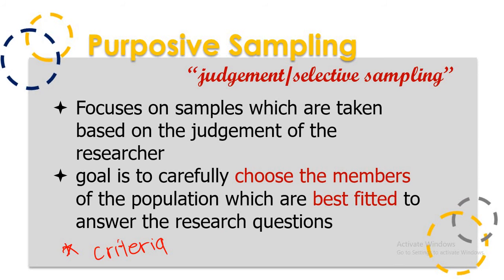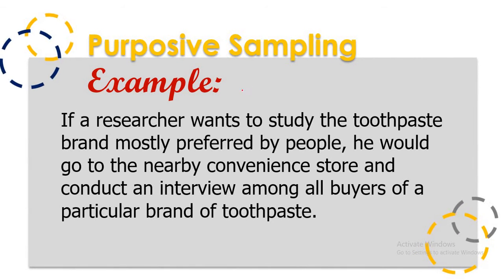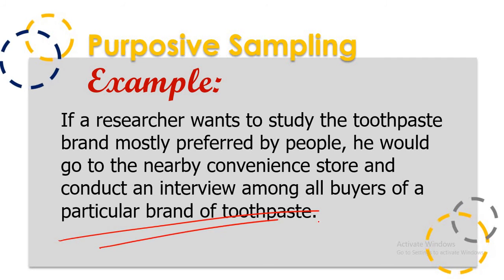Hence, purposive sampling, because you have a purpose in selecting a particular sample. For example, if a researcher wants to study the toothpaste brand mostly preferred by people, he would go to the nearby convenience store and conduct an interview among all buyers of a particular brand of toothpaste. So that is purposive sampling, because you're going to get a sample based on the users of a particular brand. That's your purpose.